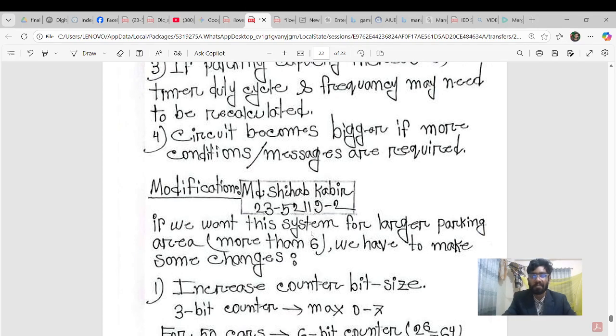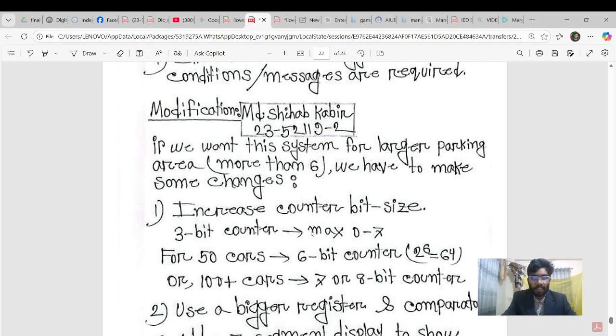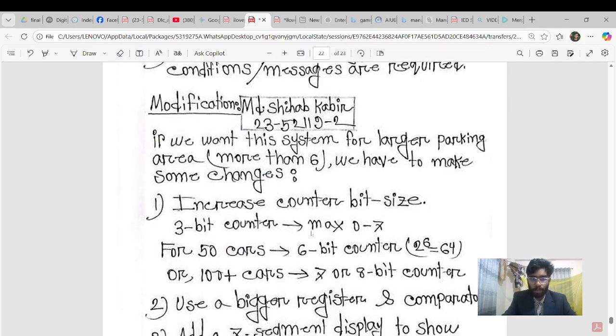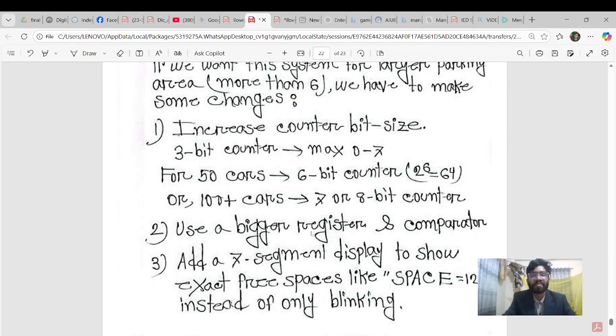It is a barrier. Then, modification: if you want this system for a larger parking area, more than 6, we have to make some changes. 1. Increase the counter bit size. A 3-bit counter counts max 0 to 7. For 15 cars, use a 6-bit counter, which equals 64.